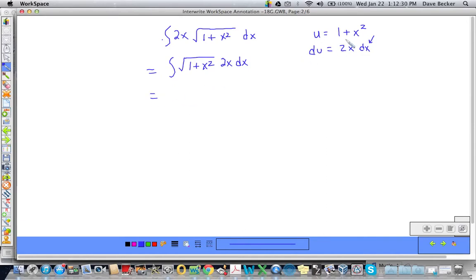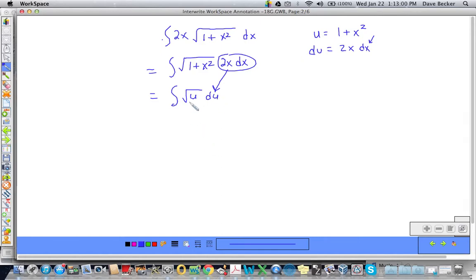With this substitution, I can now rewrite this as the integral of the square root of u, because I let u equal 1 plus x squared. And since I took the derivative, du is equal to 2x dx, so I am replacing 2x dx simply with du.